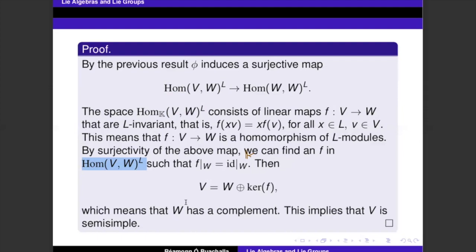And this means that V is semi-simple. We've shown that an arbitrary submodule W has got a complement. We can find a partner such that it sums to give you the whole space. This is a decomposition of modules, and that is an equivalent condition for semi-simplicity of the representations. And that's it.